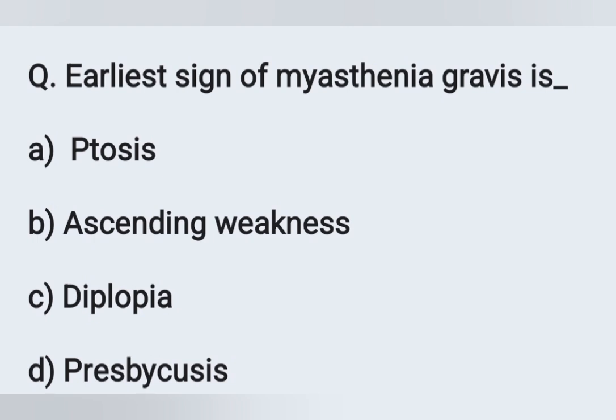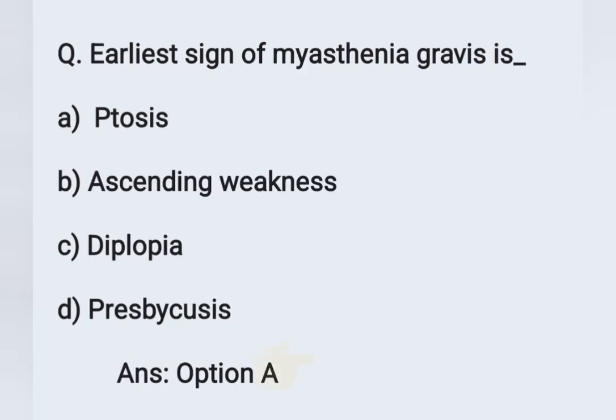Its signs and symptoms include difficulty in chewing, ptosis, dysphagia, diplopia, weakness, hoarseness of voice, difficulty in breathing. Here our question is, earliest sign of myasthenia gravis is ptosis or drooping of the eyelid. Option A is the correct answer.